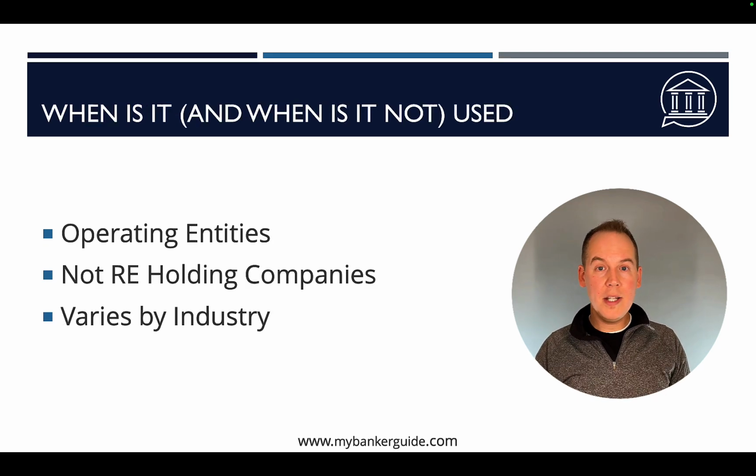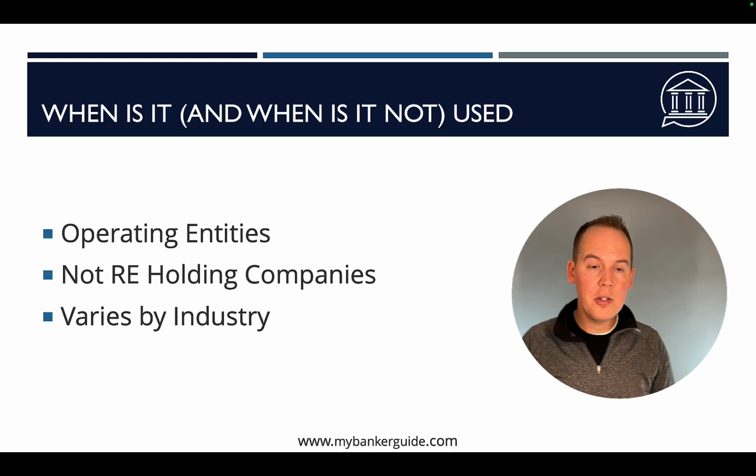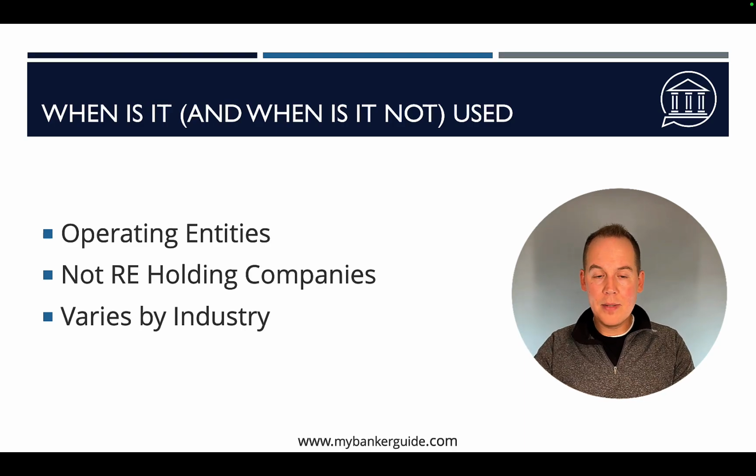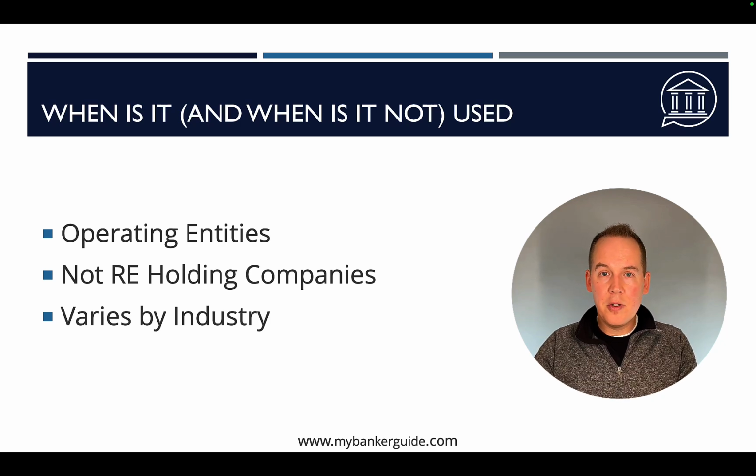All right, so when is it used and when is it not used? The current ratio is very appropriate for operating entities, so businesses that are producing, buying, selling something, that are actually operating the business, and not necessarily for passive businesses like a real estate holding company. A big thing to be aware of here is that these ratios vary considerably by industry.